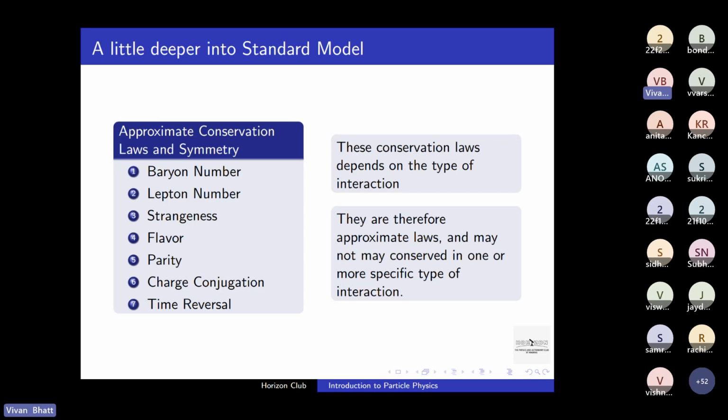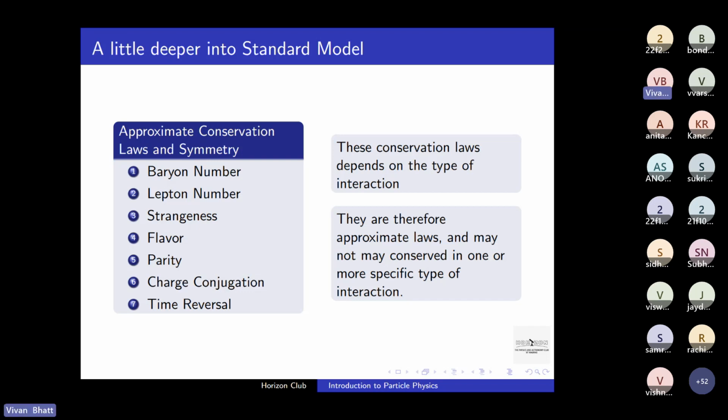But essentially, CP on the whole also needs to be violated, right? CP on the whole in the sense that you change every particle to its antiparticle and you go from a left-handed system to a right-handed system. So CP violation is also a very important and very interesting property of the weak force.